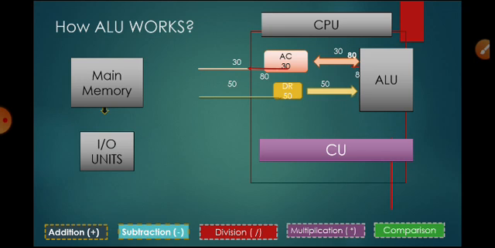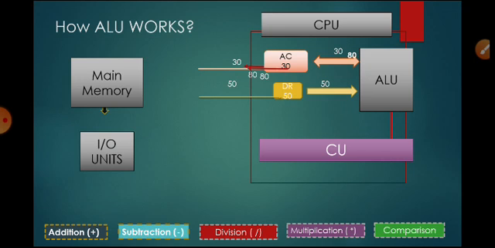Now this 30 and 50 is sent to the ALU. ALU performs the respective operation which is defined by the user. The operation is performed either addition, subtraction, division, multiplication or comparisons. Then ALU will send the result to the register AC, that the result of 30 plus 50 is 80.